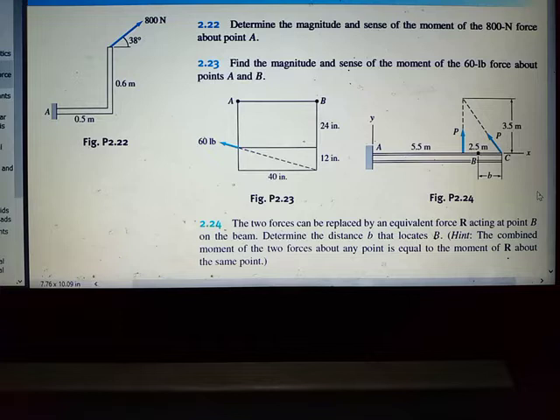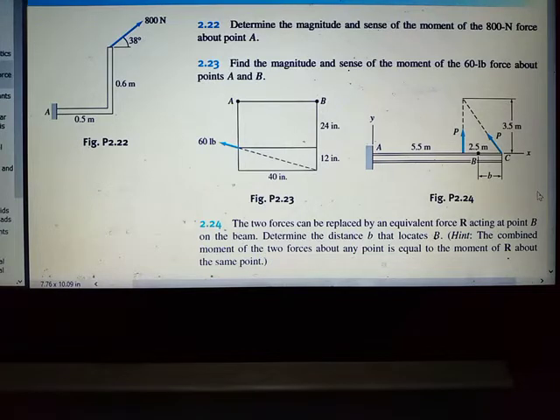Just like with forces, the easiest way to do it, in my own opinion, is to break the forces down into components, and then apply the basic operation in which that component of the force will be multiplied by the perpendicular distance relative to the point we are referring to.